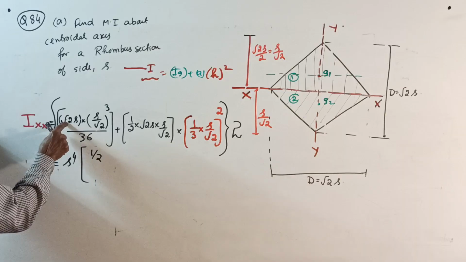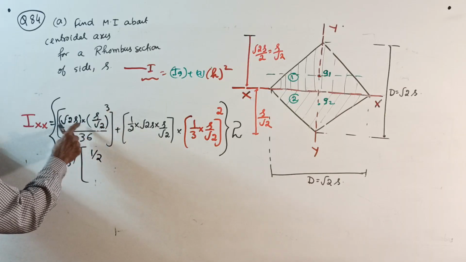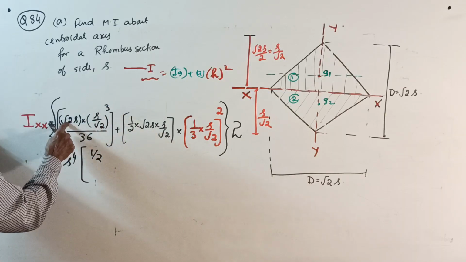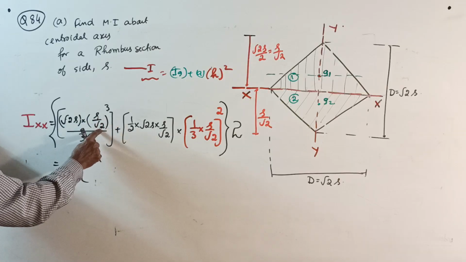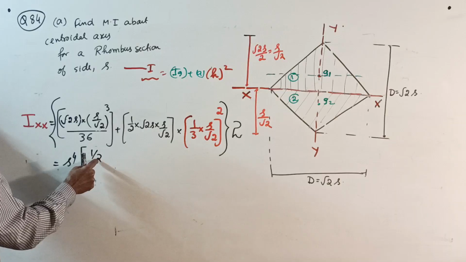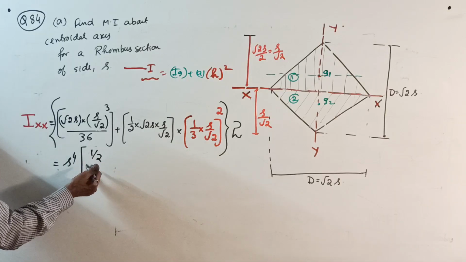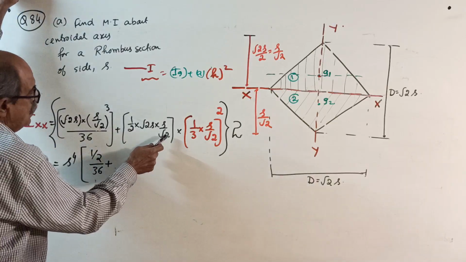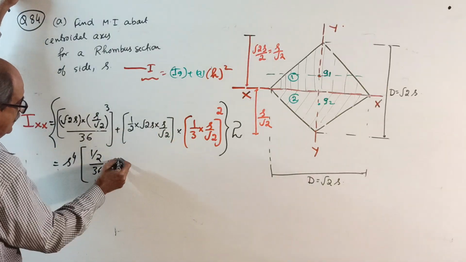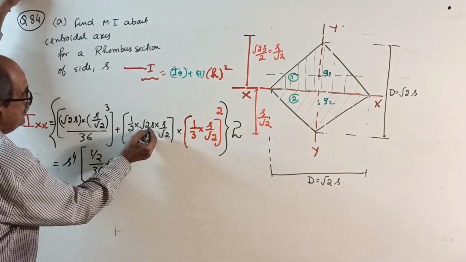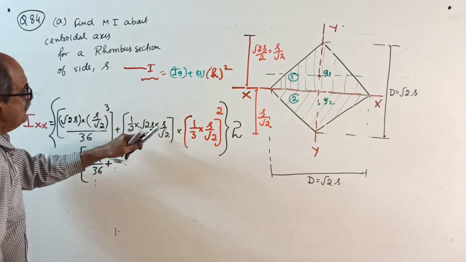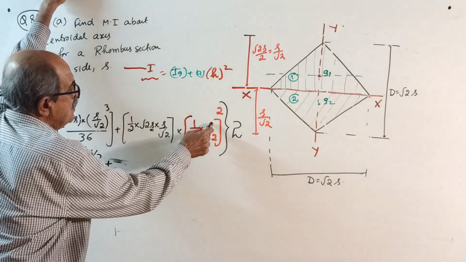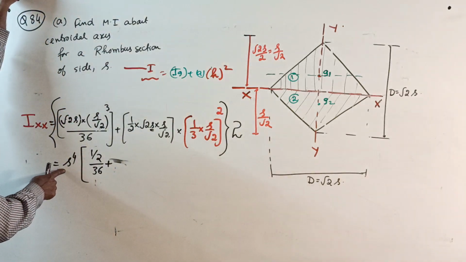Why? See, root 2 cube, one root 2 cancels here. 1 by root 2 square. So it becomes 1 by root 2 divided by 36 plus, here root 2 cancels. s into s is s square into s square, s power 4 has gone outside.